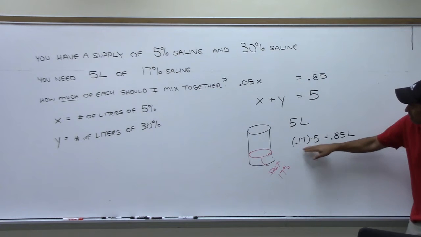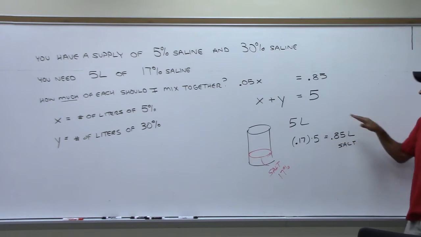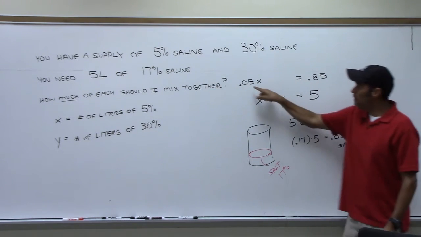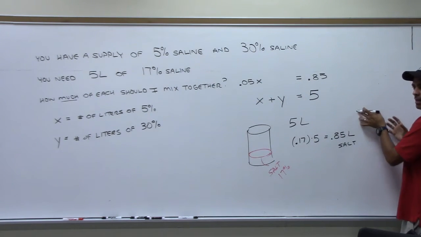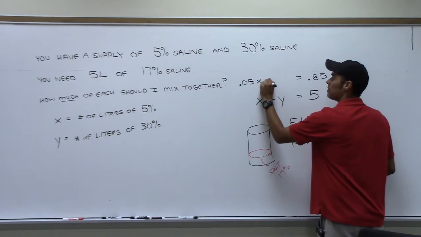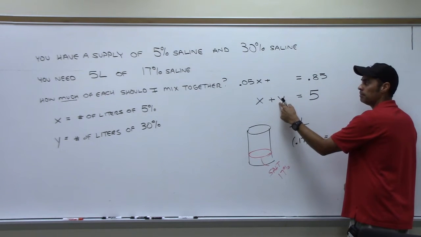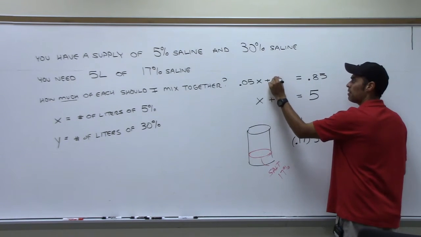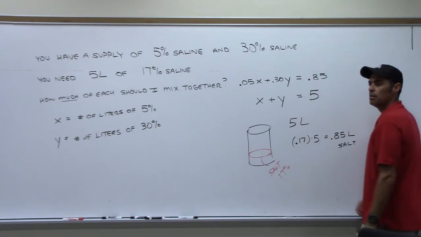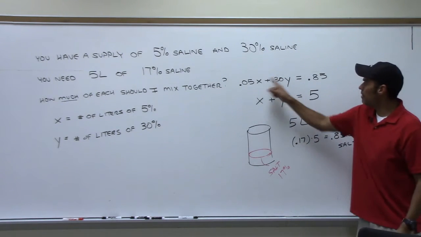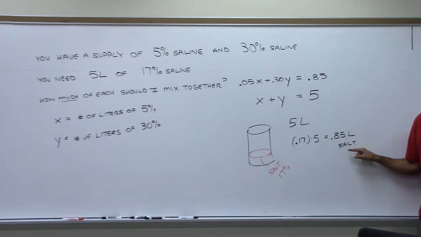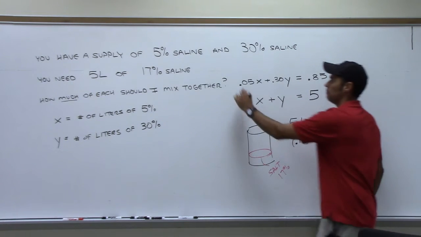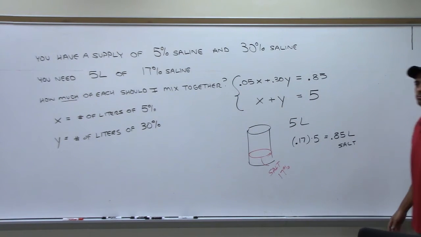Just like over here, 17% of 5 was how much salt we had at the end. 5% of x is how much salt comes from that first container. Plus, how much salt comes from this one? 30%, 0.30 y. Those two together added up have to equal the total amount of salt we have at the end, which is 0.85. Clear? That's it. That's your system.